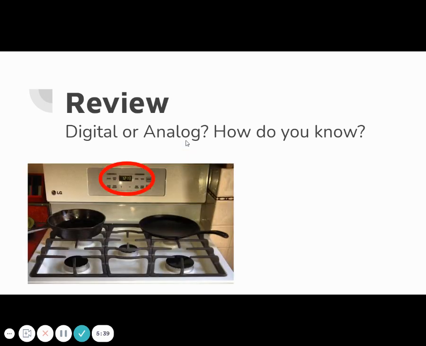All right, is this stove clock a digital clock or an analog clock? How do you know? Digital, right. And how did you know it was a digital clock? Well, for one, it has an hour number, a colon, and a minute number. So good job.